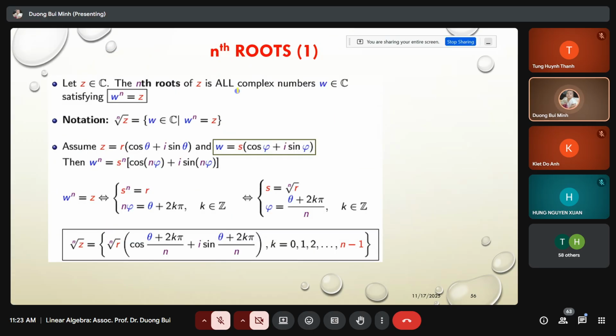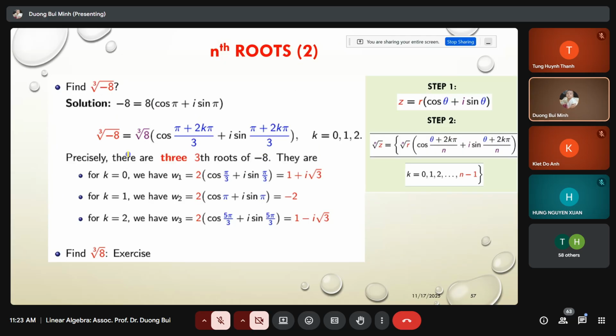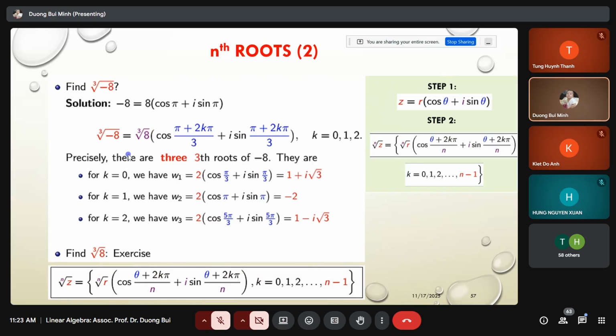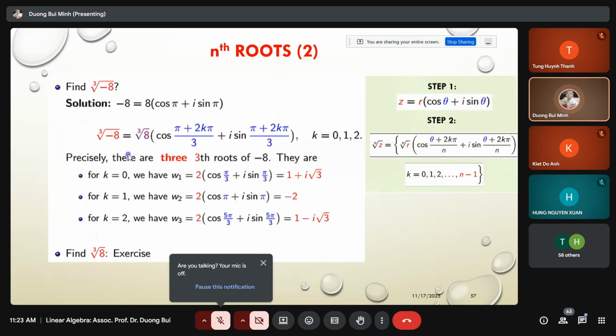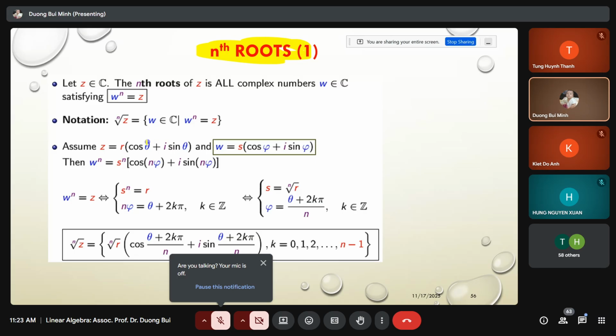Now for the nth root. We have z is r(cosine theta plus j sine theta), and this is w. We have two complex numbers.